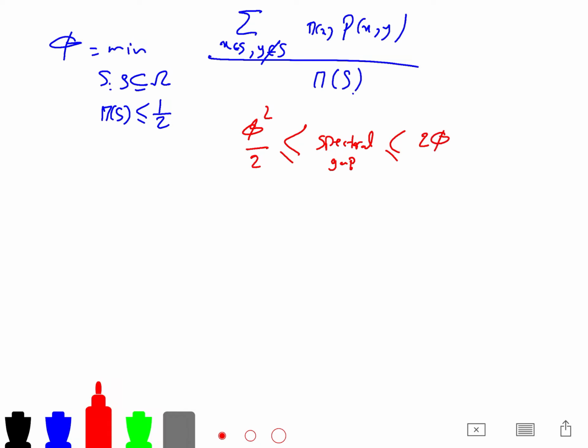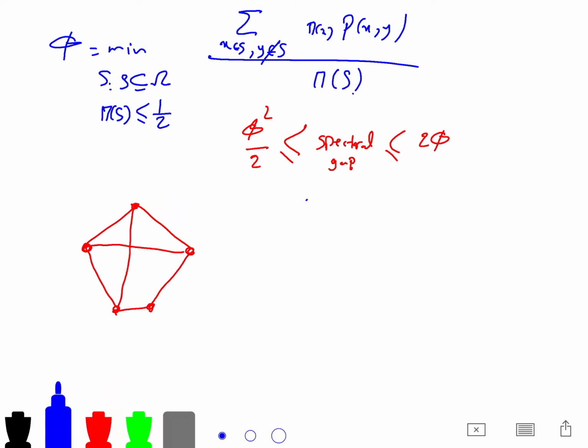Everything is related. So, for example, if you have this interesting graph, and another interesting graph, this is another interesting graph.